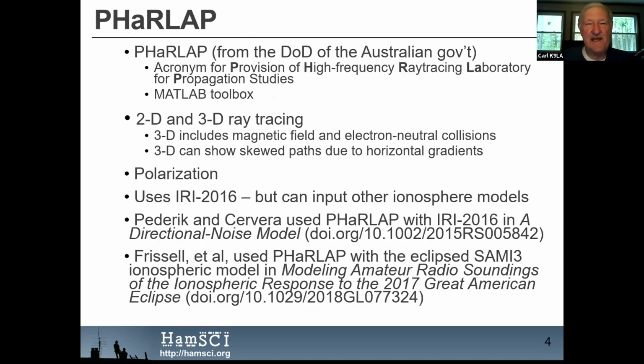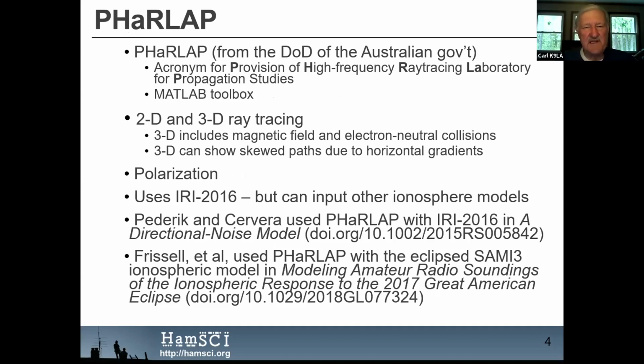And here's a slide about FARLAP. It's from the Department of Defense of the Australian government. There's the acronym. It's a MATLAB toolbox. Like was said, it does 2D and 3D ray tracing. The 3D also includes the magnetic field and electron neutral collisions, so you can calculate the absorption in dB.